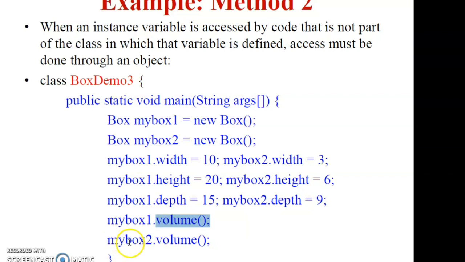The same way, the second object also has the method volume, because this is also an object of class box. The box contains the function volume. So this will execute the multiplication of the width, height and depth of the second object.